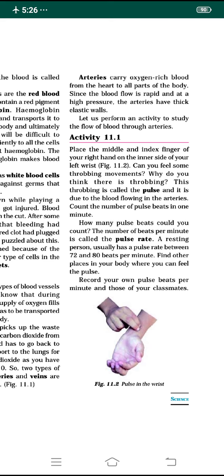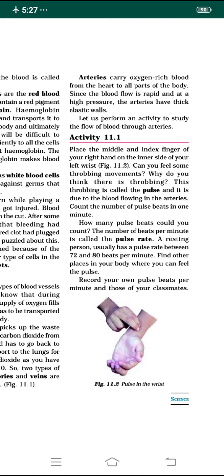A person at rest usually has a pulse rate between 72 to 80 beats per minute. So an adult healthy human being will have a pulse rate of 72 to 80 beats per minute. You can even find other places in your body where you can feel this throbbing movement or pulse.